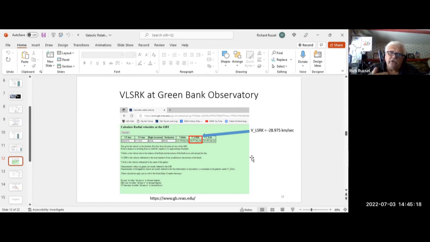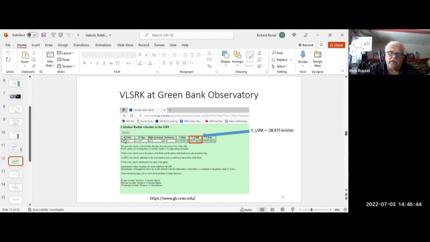So you need to account for the Earth's movement and the Sun's movement toward that object or away from that object, and that's what this VLSR K is: how many kilometers per second of your measured data is actually being caused by the movement of the Sun-Earth combination. So you can get back to an absolute measure.